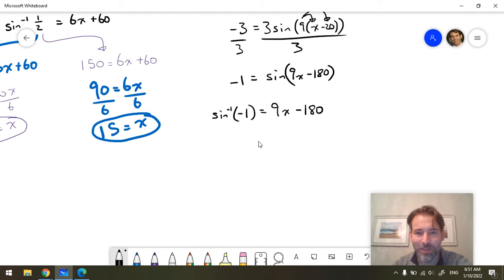All right, so here I know that this is 270. Unique solution. No need to do this twice like I did over there. It's equal to 9x minus 180. All right, add 180 to both sides.